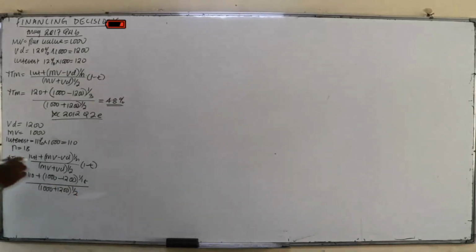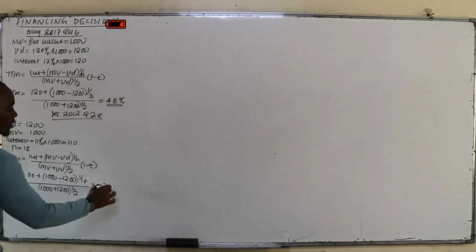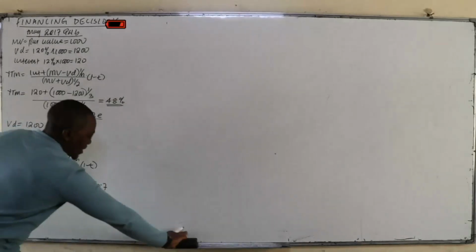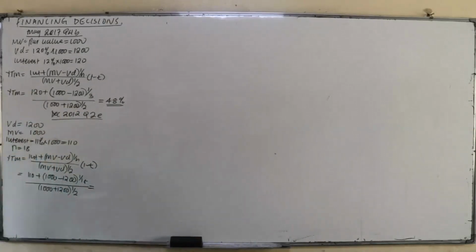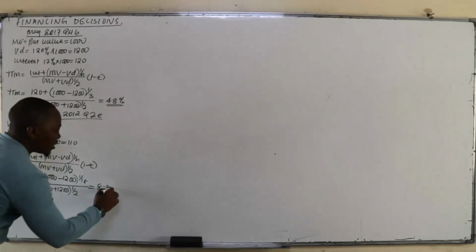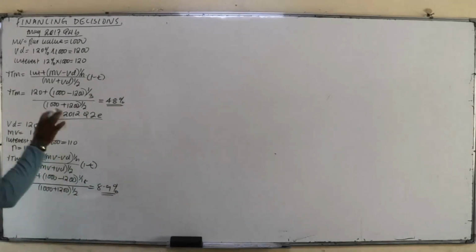Assuming there was a tax rate, you could have multiplied by 0.7 and then times 100%. But you're not given the tax rate, so ignore that. So what do you get? 8.9%. So you can copy now.